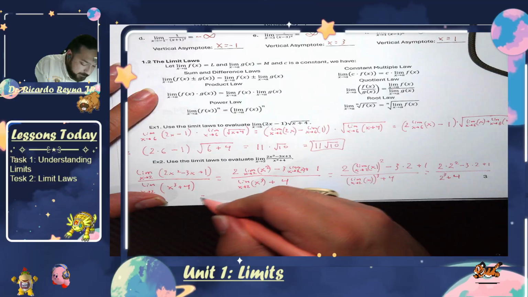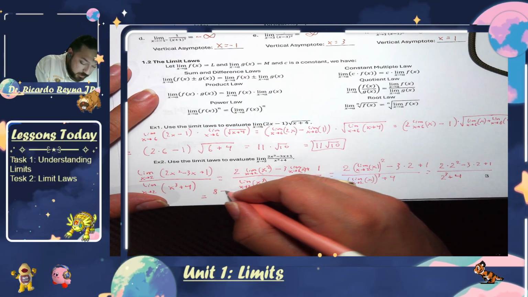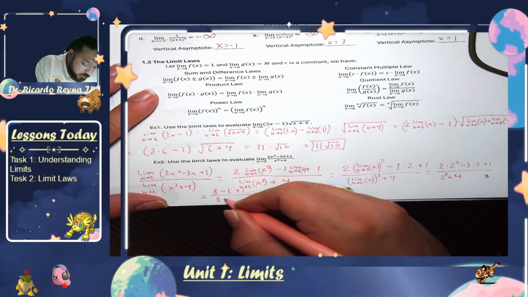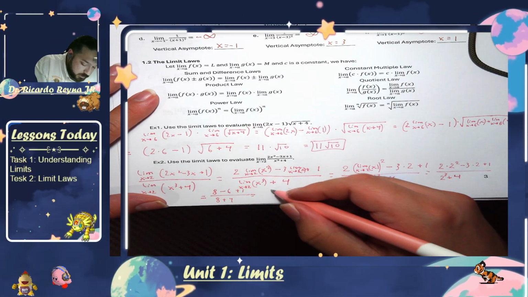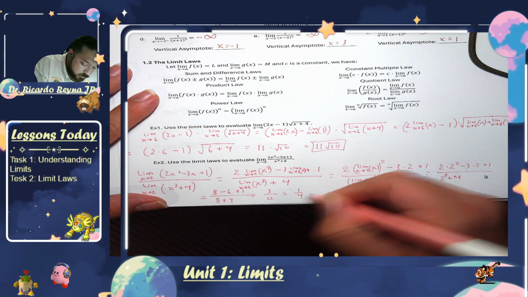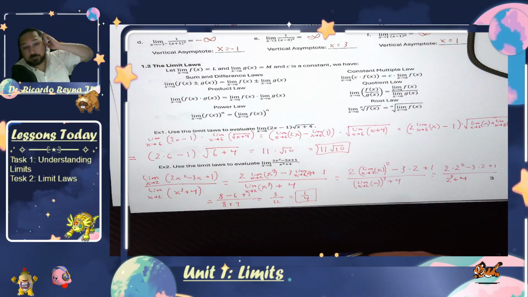Okay, well, what is that? 8 minus 6 plus 1 over 8 plus 4. That's going to be 3, and that's going to be 12. So 1/4. So 1/4 is my answer.